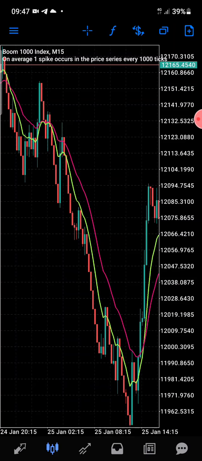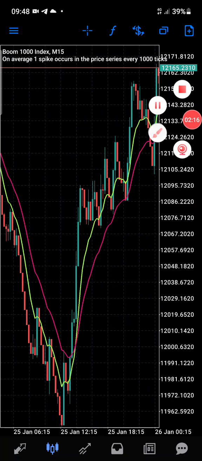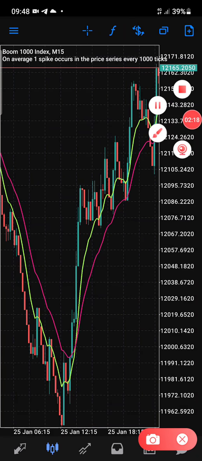So quickly, let's go straight into what we have right away. Like I said, you need to know the best trend to trade these assets whenever you are trading spikes. This is Boom 1000, and if you are not sure of the trend, then you won't be able to trade the spike.